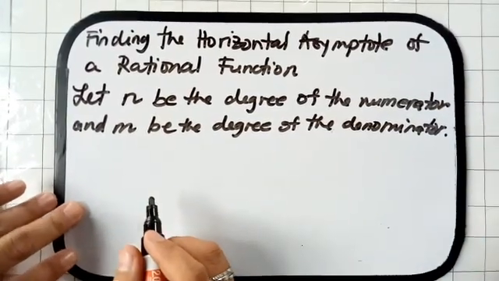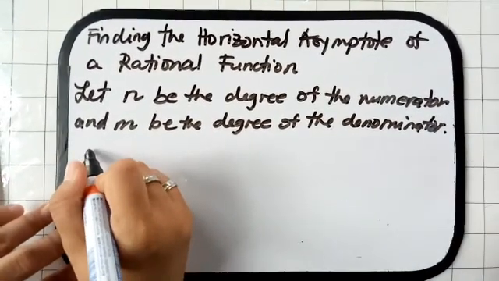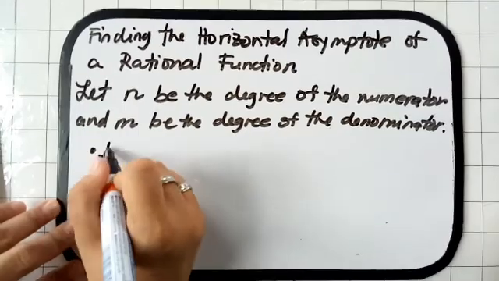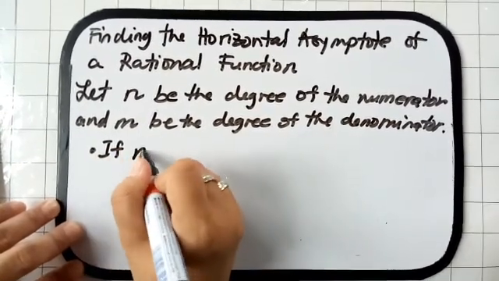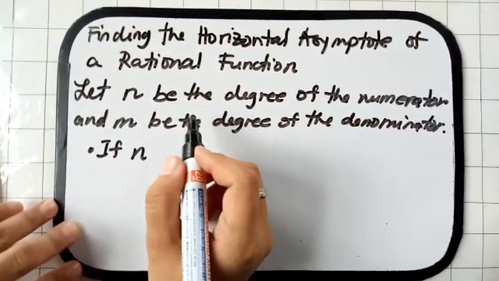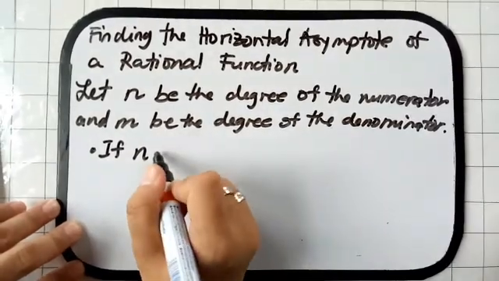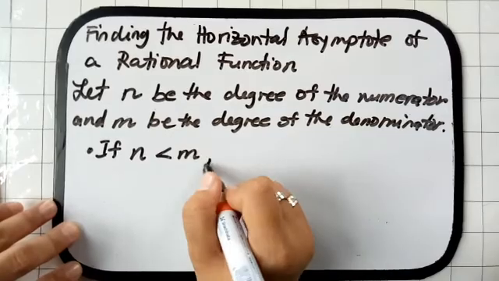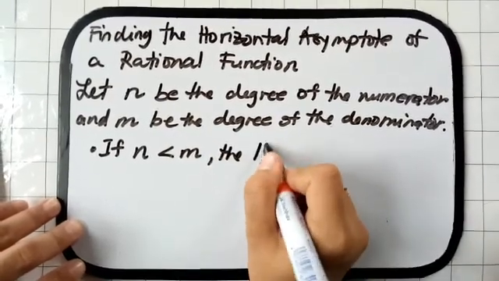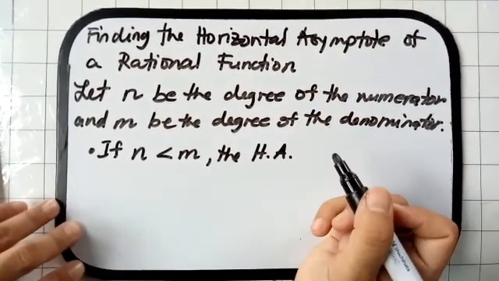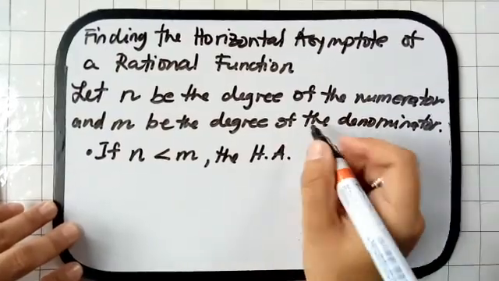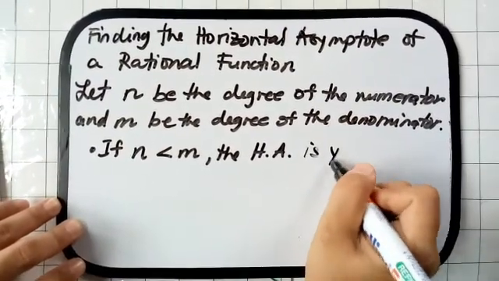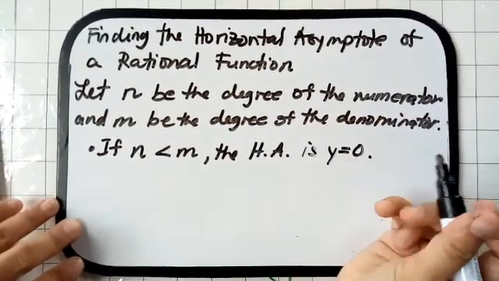There are three cases. First case is if n, the degree of the numerator, is less than m, the degree of the denominator, the horizontal asymptote, or HA, is y equals 0.